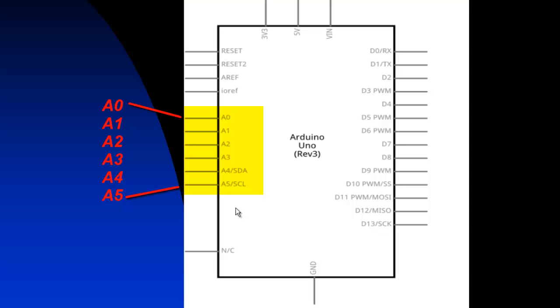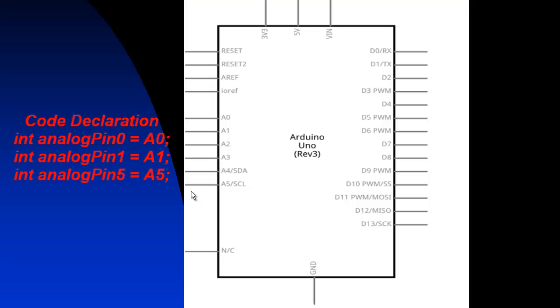Those are the analog input pins to the Arduino. It can sample varying signals between 0 to 5 volts, and any signal that is connected there can be treated as analog. It's as simple as wiring it up, and then in your code you'll declare the pin as A0, A1, A2, A3, A4, or A5.